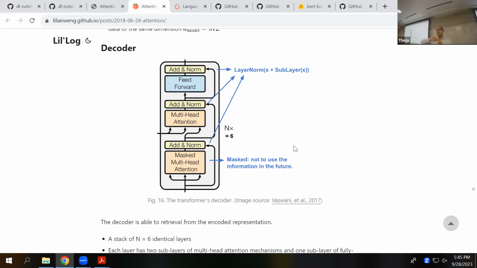You're not generating one output and then doing a backprop; you actually generate all the outputs. But when you generate all the outputs, you have to be careful of how you're computing each of them. It should not depend on the future words, so you take care of that by masking. Masking just means setting something to 0, or basically not doing the computations.